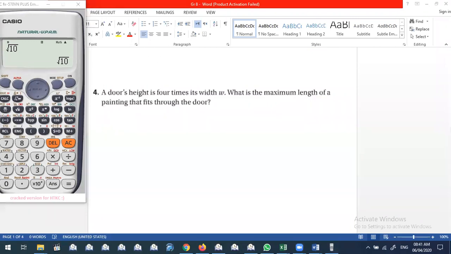Another exercise. A door's height is 4 times its width. That means we have w and 4w because it's 4 times. What is the maximum length? Again, we are going to use the Pythagorean theorem.